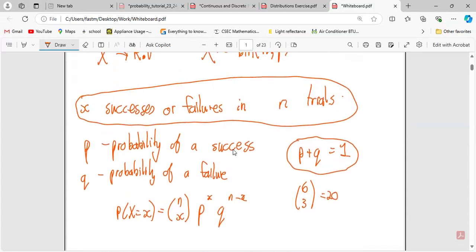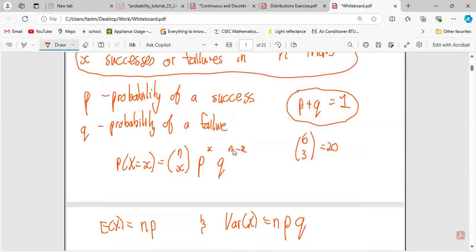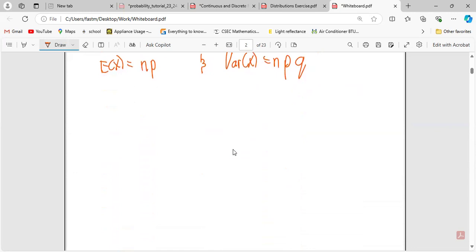But binomial, you use it when you want a certain number of successes and failures in a certain amount of trials. That's when you will use the binomial distribution to get the answer or probability.